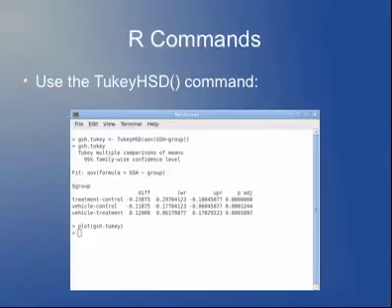And it shows the difference in means between each possible pair of groups, then the adjusted lower and upper 95% confidence bounds for these mean differences, and the p-values taking into account the multiple comparisons.